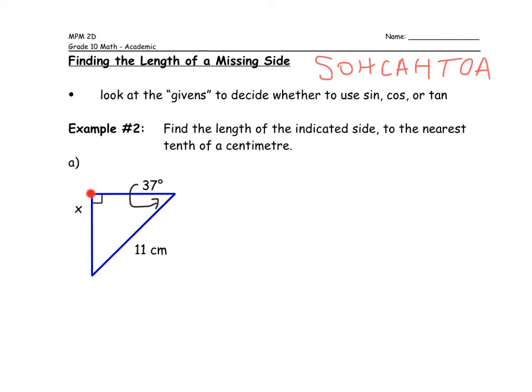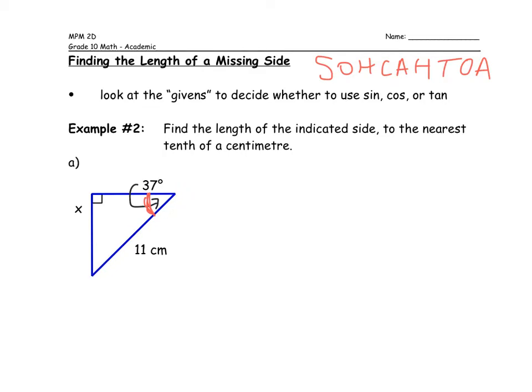So x is presumably representing this side right here. The only other piece of information I have is that this angle right in here happens to be 37 degrees, and this side right here is 11 centimeters.